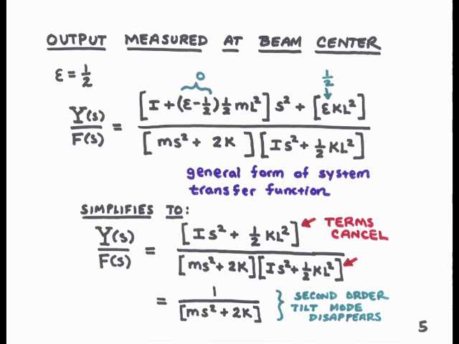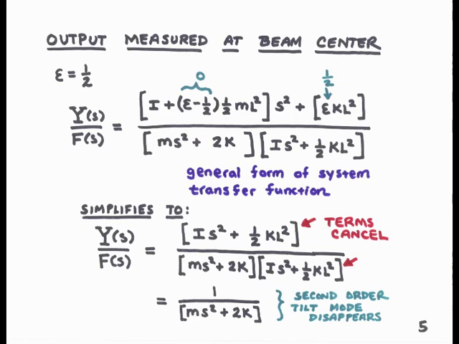Let's look again at the unobservability of the tilt mode when epsilon equals 1/2. And to do this, we'll just substitute epsilon equals 1/2 into the transfer function that we found before. We had a general form of the system transfer function that we found in an earlier lecture.